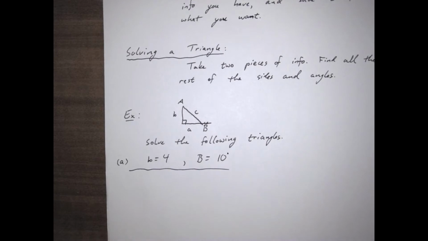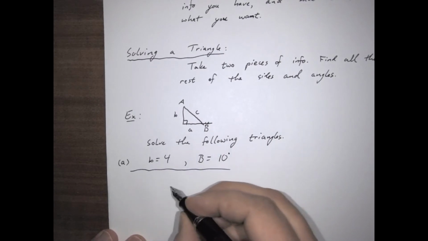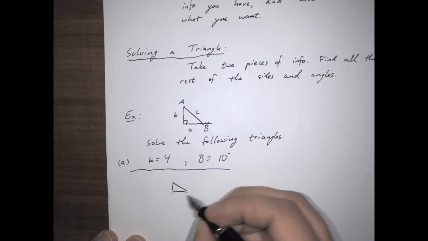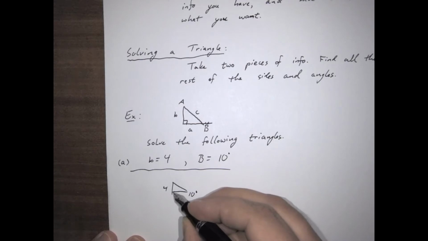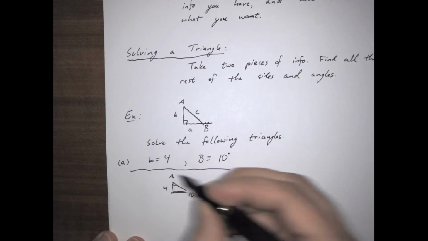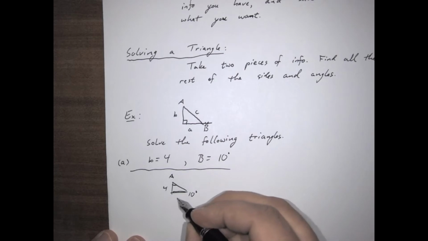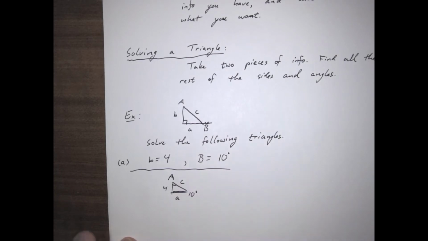So we have little b and big B. We'll just do a quick little sketch here: 4, 10 degrees. All right, so what can we immediately tell? This is angle A, which we need. This is side A, which we need, and this is side C, which we also need.